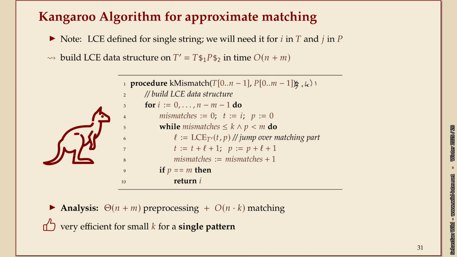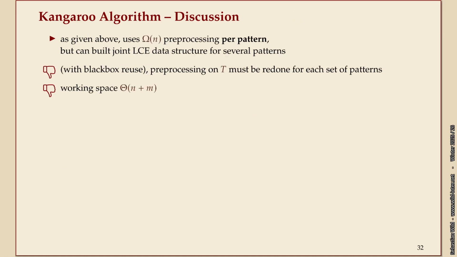Of course, what I'm hiding here is the complexity of building this longest common extension data structure. The promise will eventually come out true that it is in linear time to build this, but it's not for free. So in particular, if you look at it from this black box approach, it's not clear how much we can reuse pre-processing steps.